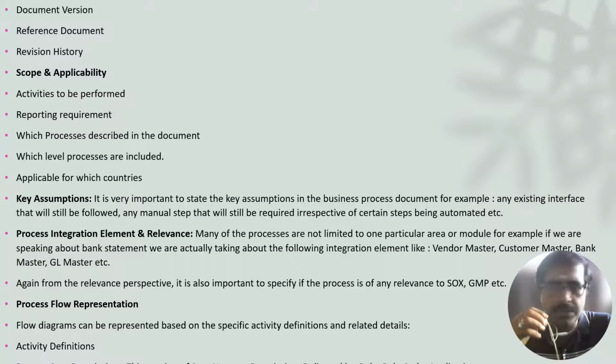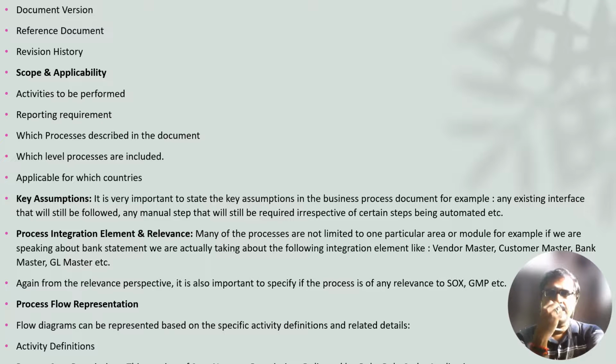For example, any existing interface that will be followed, or any manual step that will still be required irrespective of certain steps being automated. Say, for example, while talking about SAP PP and any external manufacturing systems, some interfaces are to be manually operated, some automatically operated, and for some you need to continue with the existing template or setup and no need to touch anything.